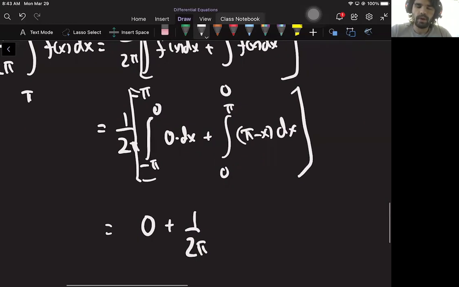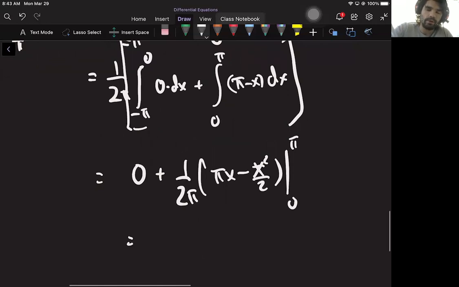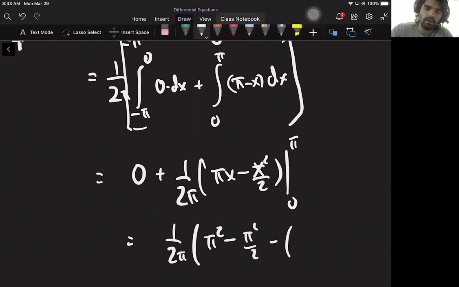The integral of pi minus x is pi x minus x squared over 2 from 0 to pi. Now this part I'll do. So I plug in pi, I get pi times pi is pi squared minus pi squared over 2. Then you plug in 0, but that's just going to be 0.